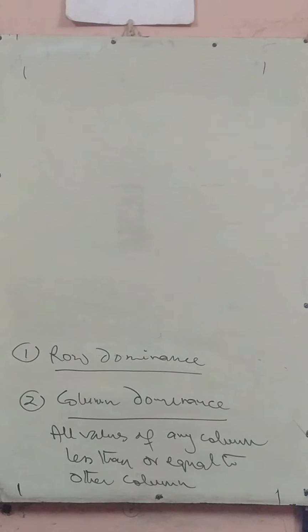So in column dominance, the column having the lower value will dominate the column having the higher value, and in the case of row dominance, the row having the higher or equal values than the other rows will dominate the other one. So the column having the lower value will be chosen, and the column having the higher value will be deleted.